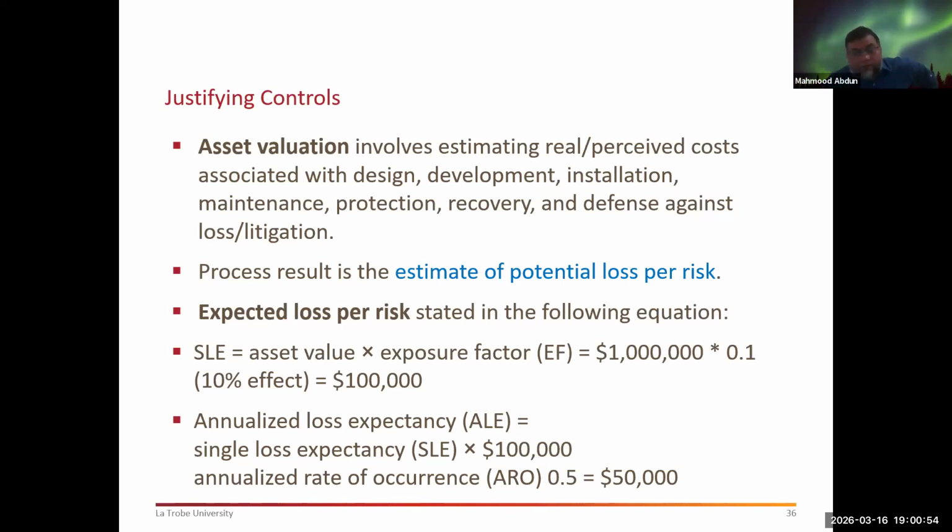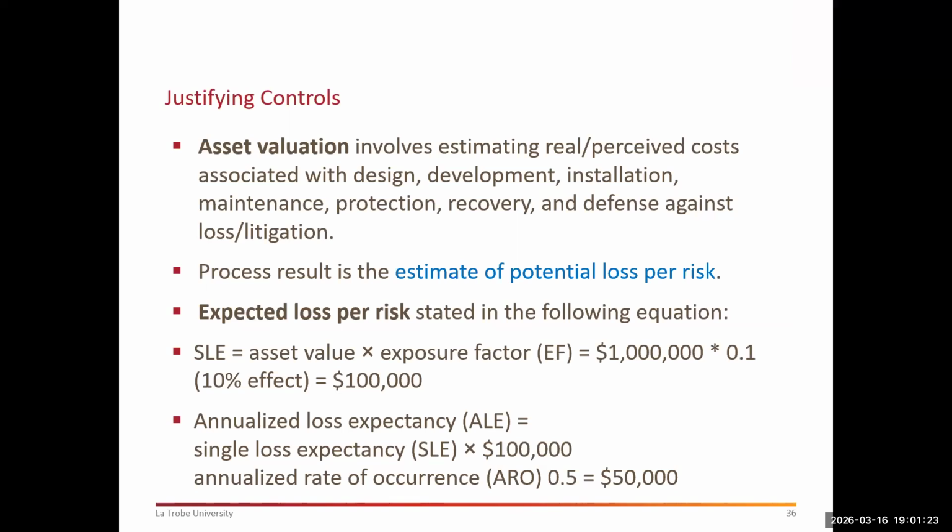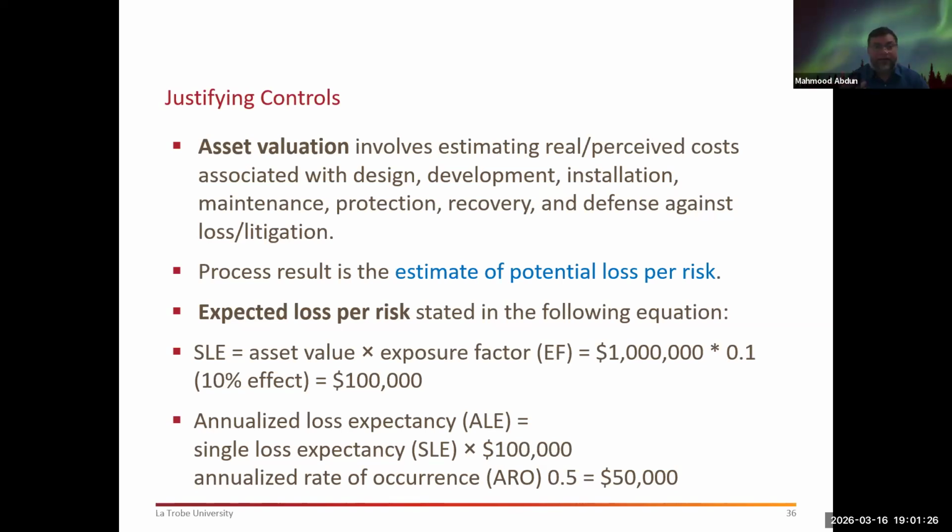And when you want to do it quantitatively, this is how you find out the justification of controls. So remember we talked about the previous example, right? Let's say now we have an example like a website, and the website has an estimated value of $1 million. And a deliberate act of sabotage, or let's say vandalism, defacement and so on.